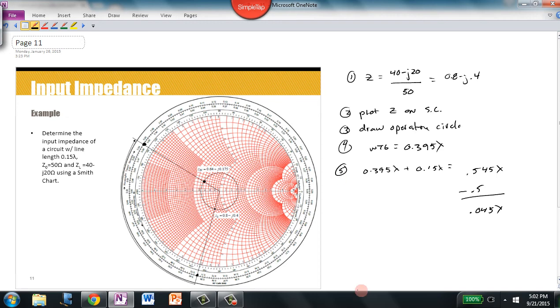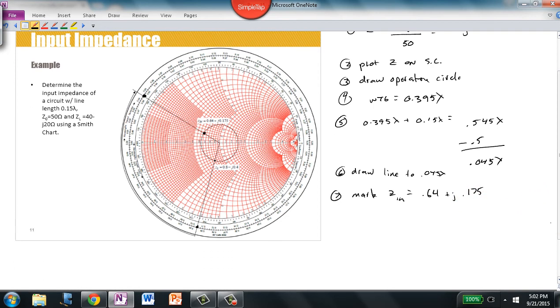So step 6 is to draw the line to 0.045 lambda. Step 7 is to mark Zn. In this case, we see that it's 0.64 plus j0.175.